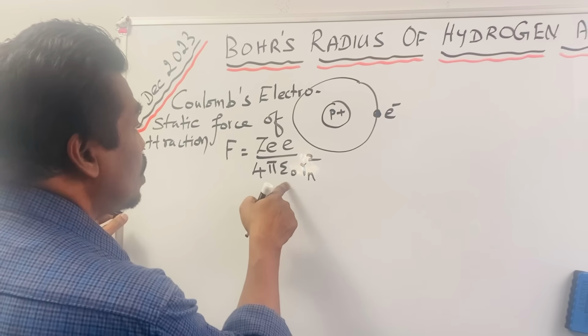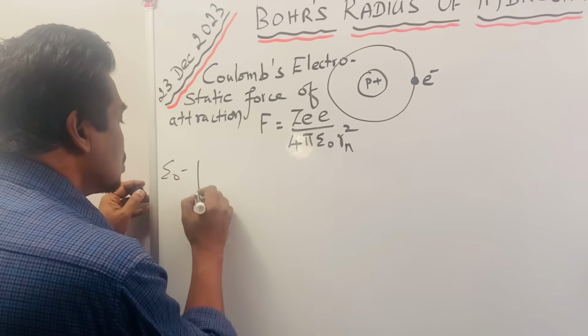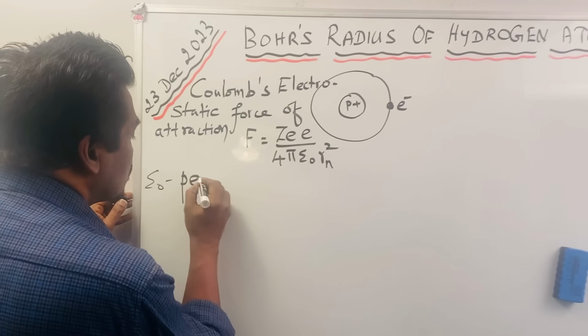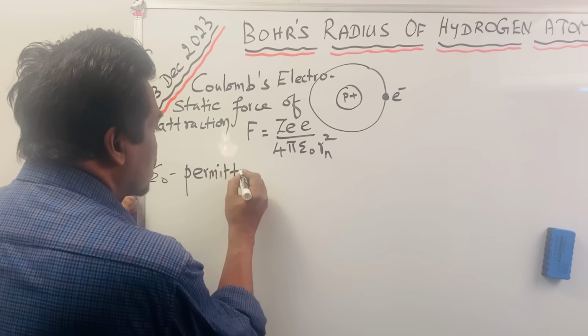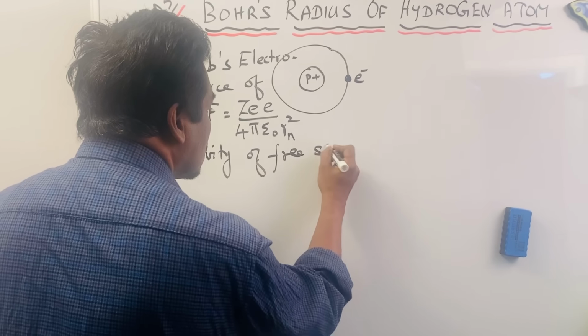Epsilon 0 is the permittivity of free space.